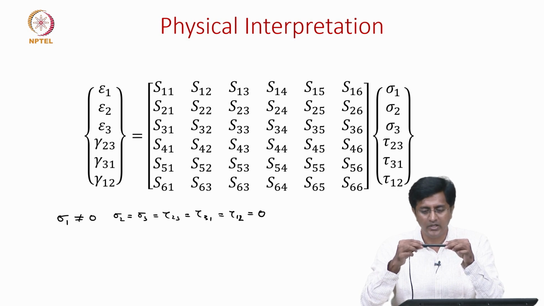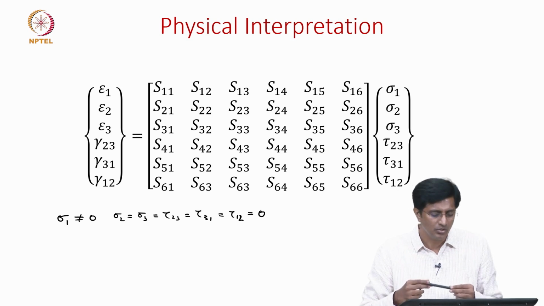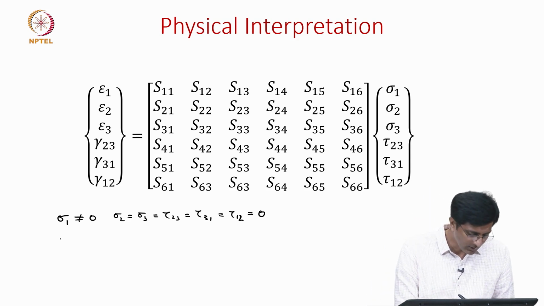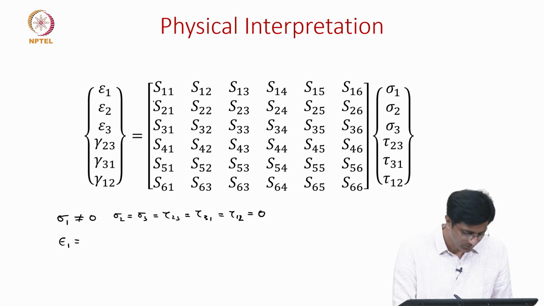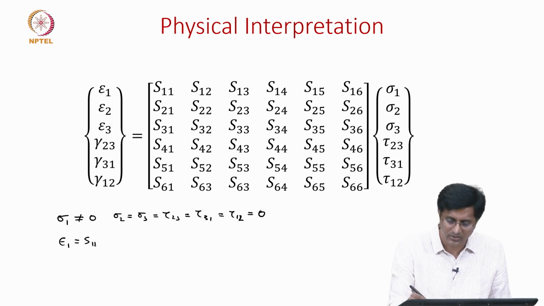So, if you are only applying axial stress and all the other stresses go to 0, we are interested to know how this material behaves. What will be the value of epsilon 1, or the normal strain? Here we multiply S11 with sigma 1.